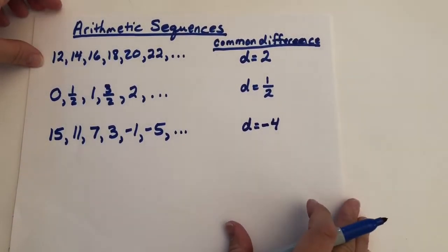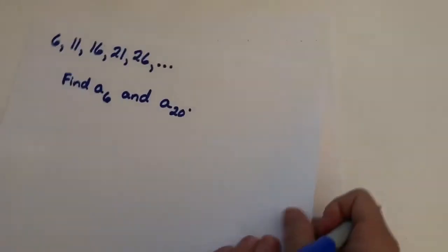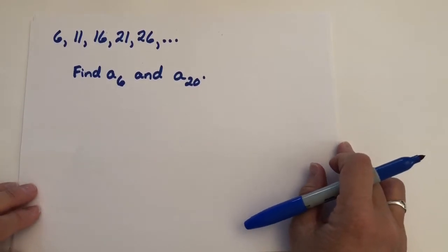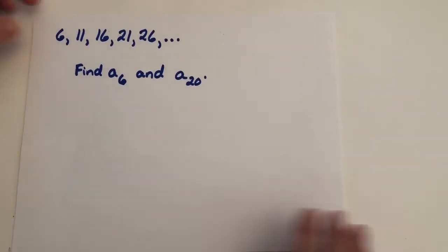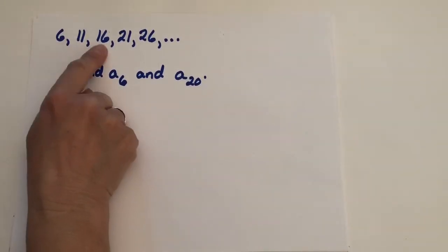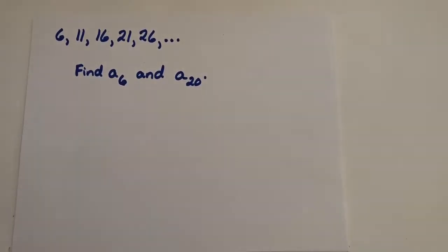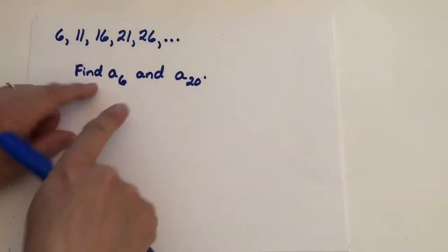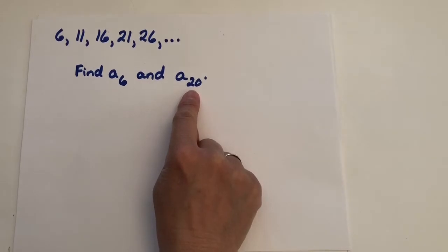So let's look at this particular sequence. We can confirm that it's arithmetic by subtracting consecutive terms. 11 minus 6 is 5. 16 minus 11 is 5. 21 minus 16 is 5, and so on. So the question here is to find, remember this is our notation, the 6th term and the 20th term.